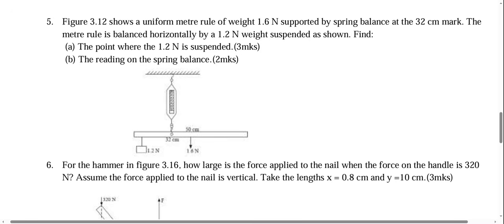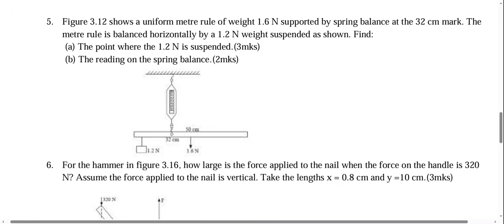Since the meter rule is balanced, it means that the upward forces and the downward forces are equal. Using the principle of moments, we are able to calculate for part A, and for part B we will equate the two forces which are acting upwards and downwards.